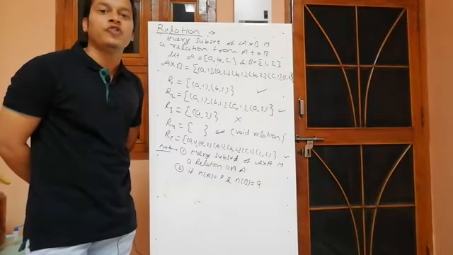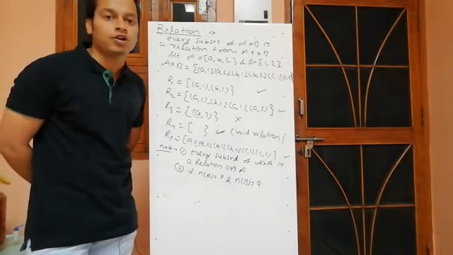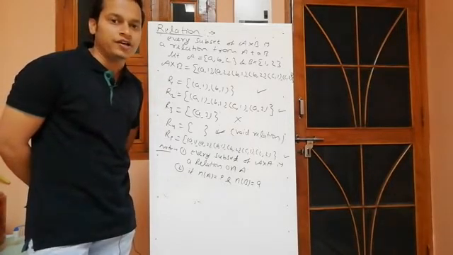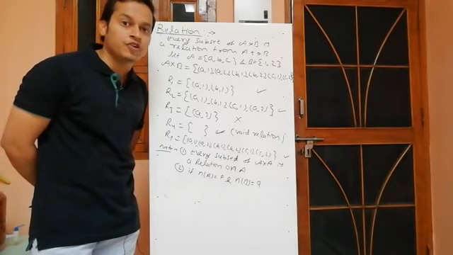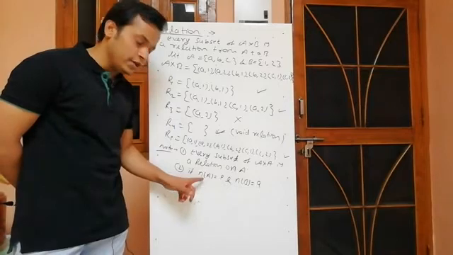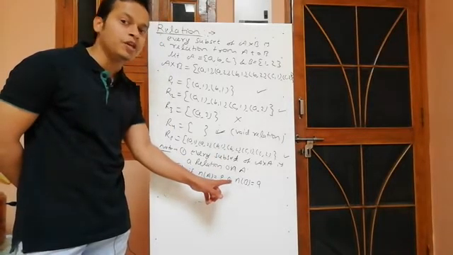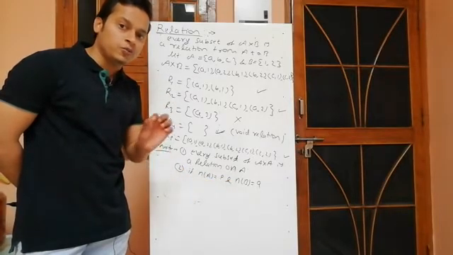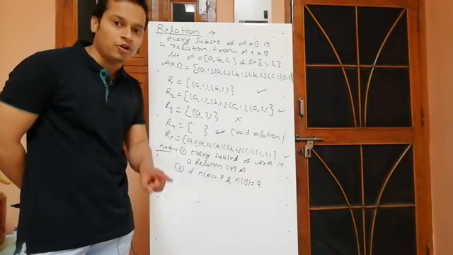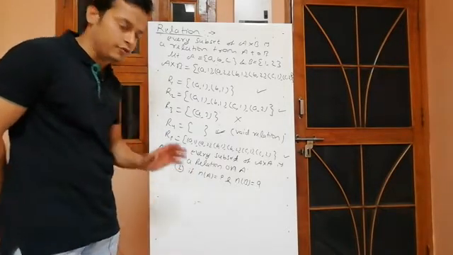We know that if any set has n elements, then the number of subsets is 2 power n. So first we find the number of elements in A cross B, which is p into q. Then the number of subsets is 2 power pq, so the number of relations from A to B is 2 power pq.